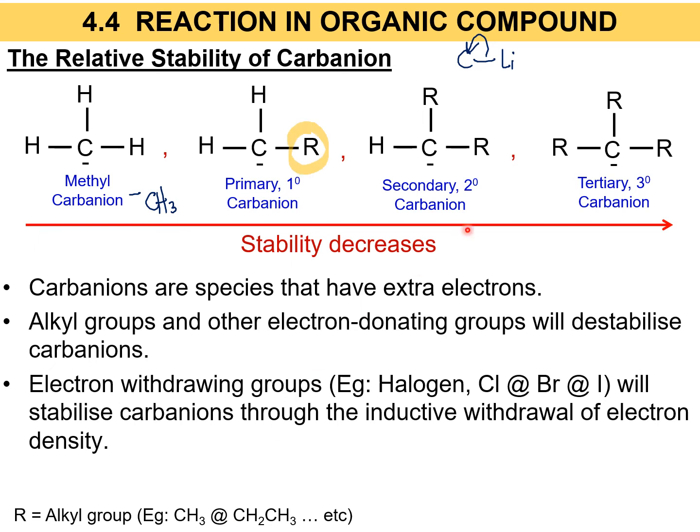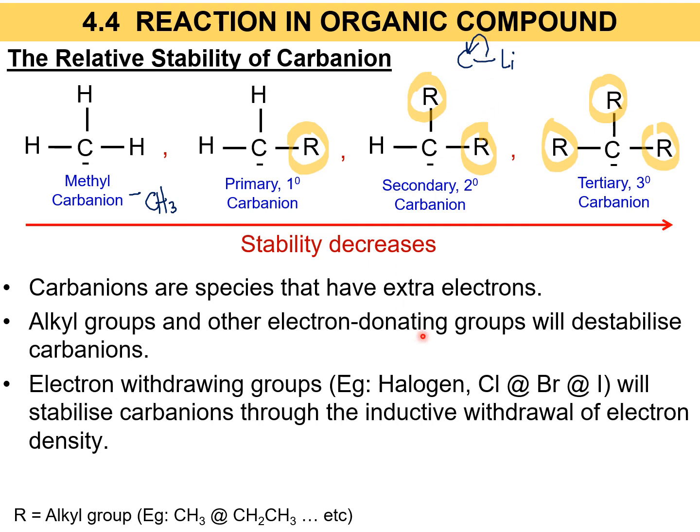And then next ialah secondary carbanion, where this carbanion is attached with another two alkyl groups. And lastly, this is a tertiary carbanion because it is attached to another three carbon atoms ataupun three alkyl groups. Basically, okay, carbanion ni dia terhasil sebab dia terima dua electrons kan bila dia buat bond breaking ni.